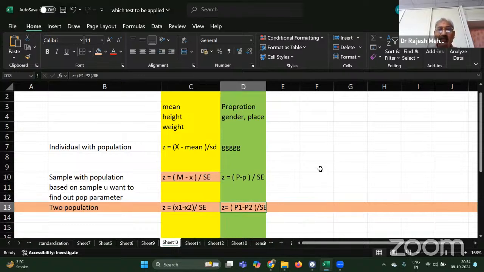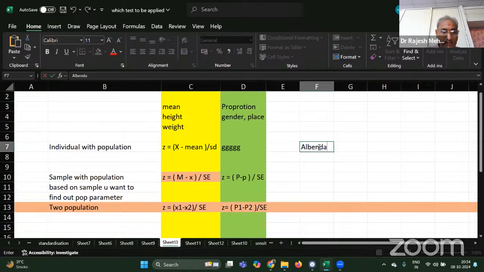Suppose we have a comparison between two therapies. One person is using, let's say, albendazole. The other person is using neem extract for one infestation, worm infestation.